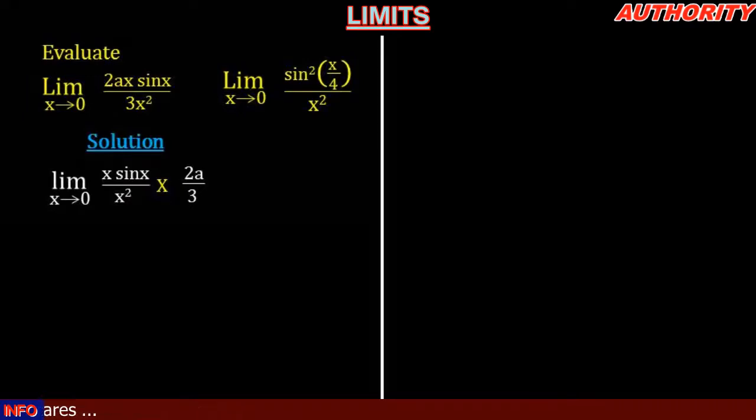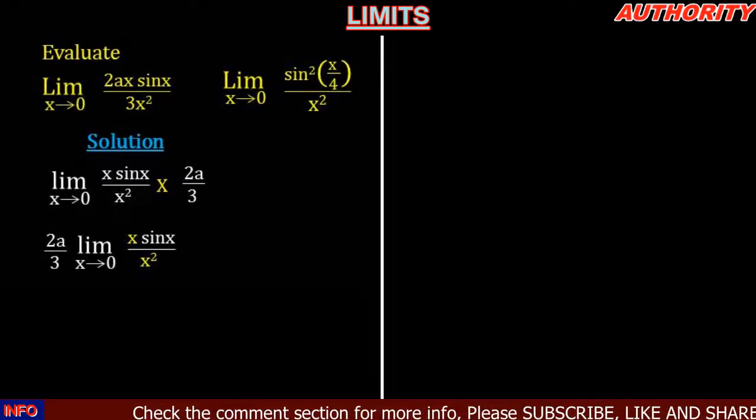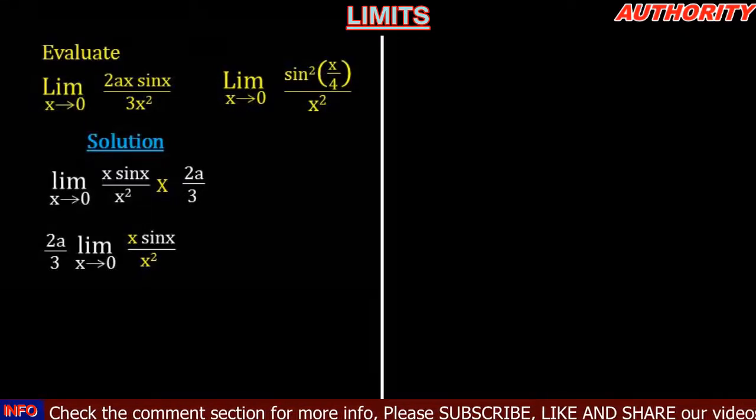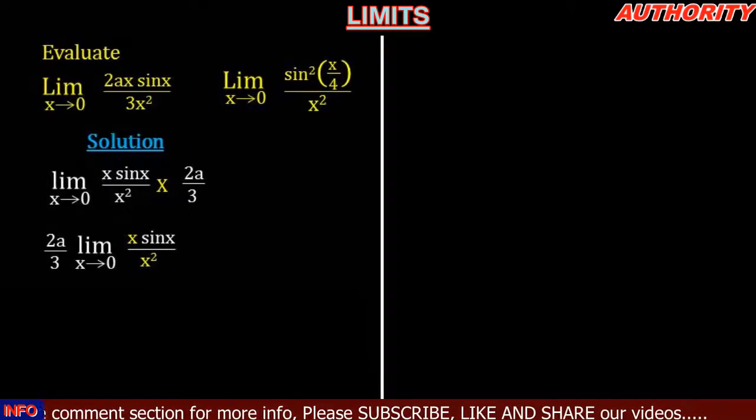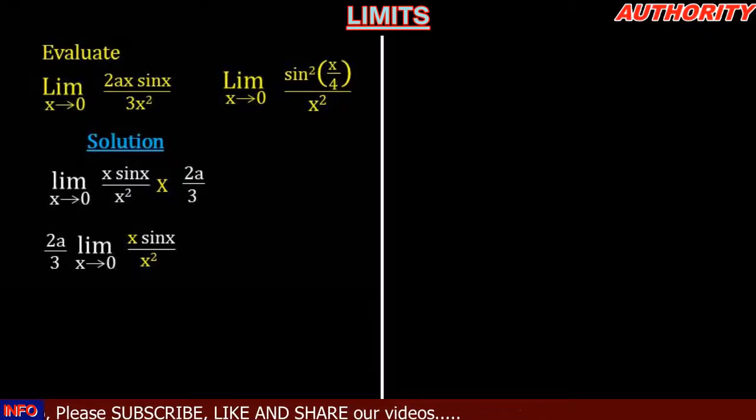Alright, good. Now, we see clearly that this 2a all over 3 is a constant. Let's take it behind the limit. That means we are going to have 2a all over 3 multiplied by limit as x approaches 0, x sine x all over x squared.